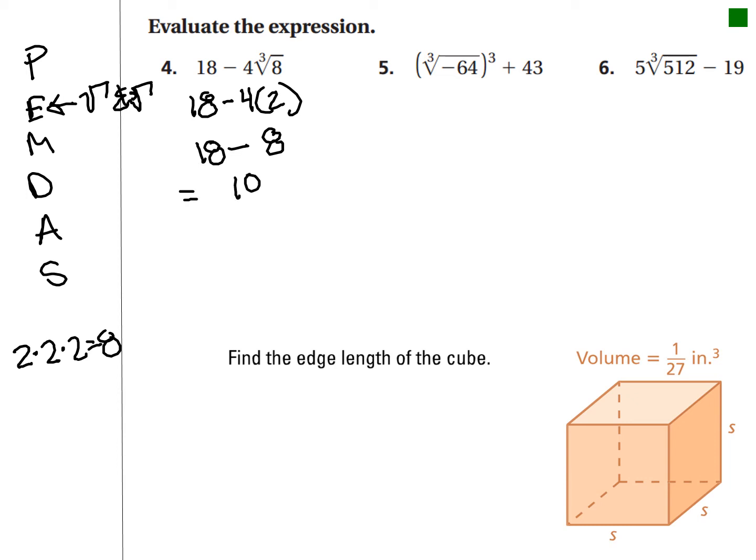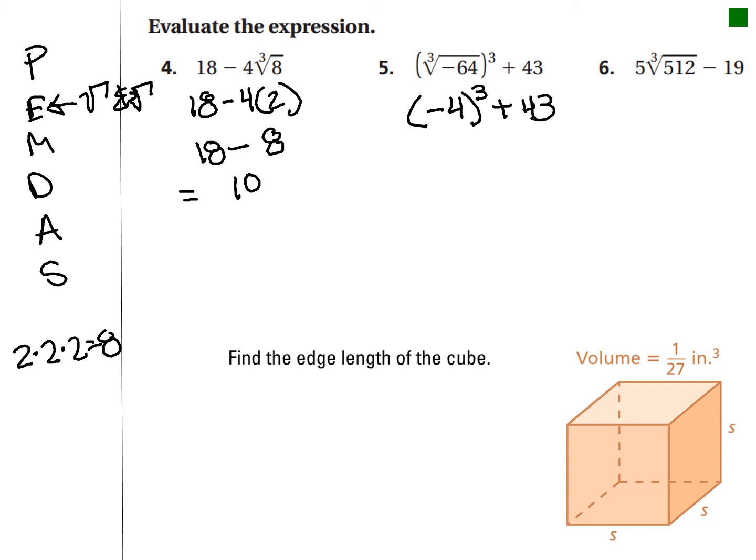Alright, let's go to the next one. Remember that your parentheses come first, so we're going to take the cube root of negative 64. From my cheat last time, I believe it's 6 times 6 times 6. Let me double check. 6 times 6 is 36, times 6 is, nope. 4 times 4 is 16. 16 times 4 is 64. There we go. So this is negative 4 cubed plus 43.